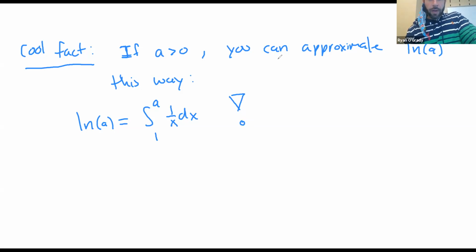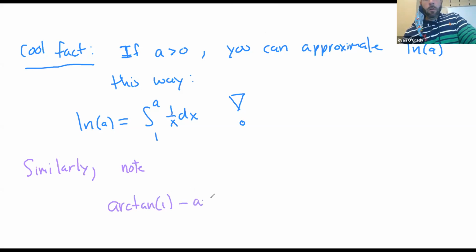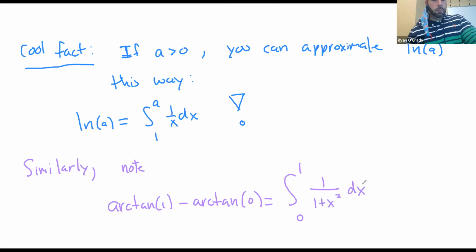And here's the other cool fact that is a hint for number 5 on your homework. The arctan of 1 minus the arctan of 0 turns out to be the integral from 0 to 1 of 1 divided by the quantity 1 plus x squared dx.